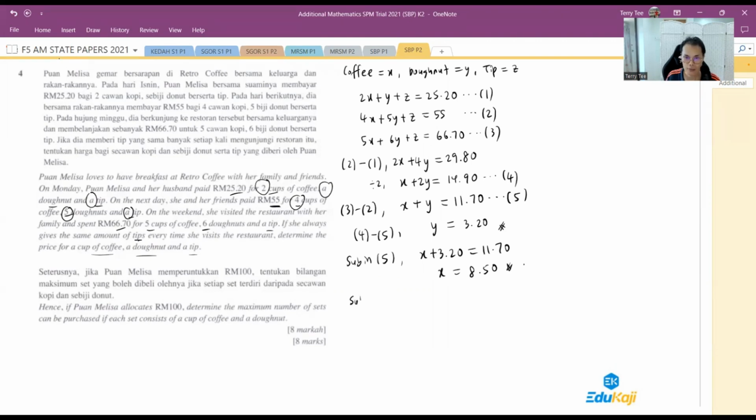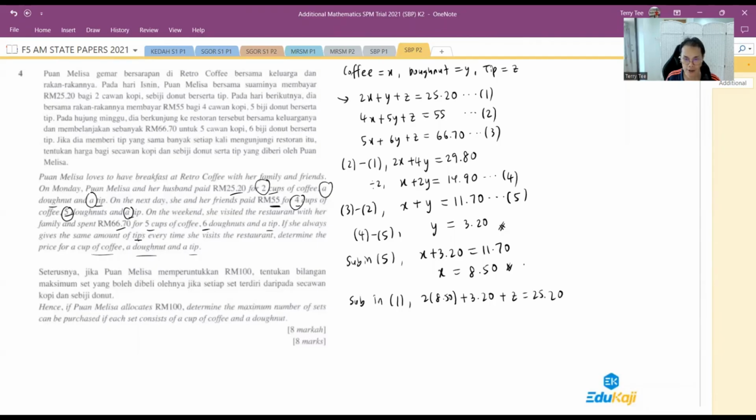Okay, I still need to find the tip, how much she paid for the tips, okay? So we sub inside equation 1. Yeah, you can use any equation, but equation 1 has the smallest coefficient. So your x is 8.50, your y is 3.20, plus z is 25 ringgit 20 cents.